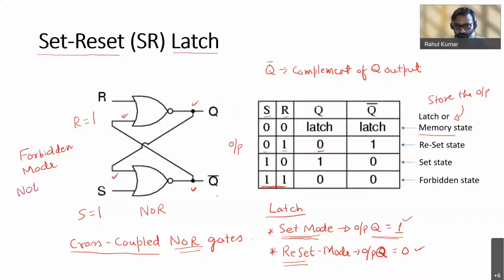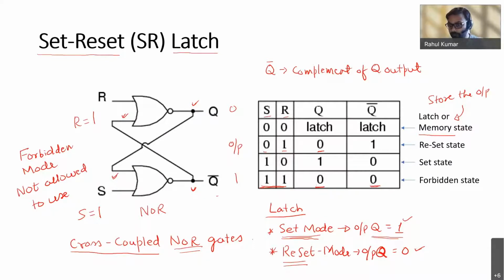This is not allowed to use. Why? Because if you look at the output, Q is 0 and Q dash is also 0, which goes against our logic. We have built this circuit such that if your output Q is 0, output Q dash should be complement.